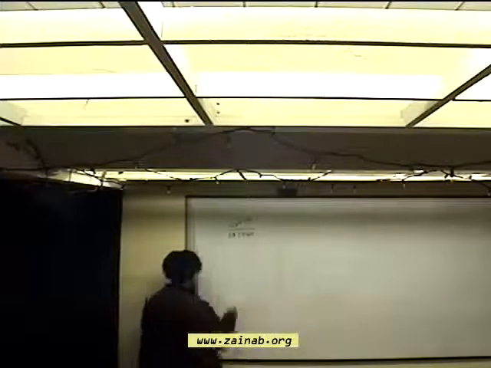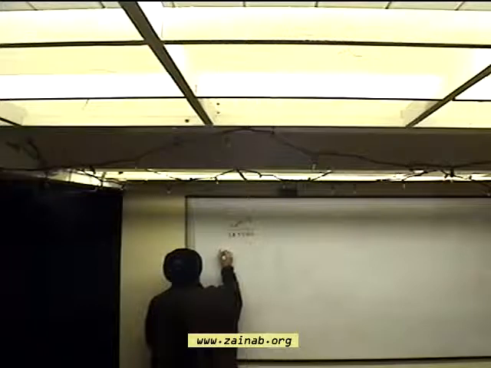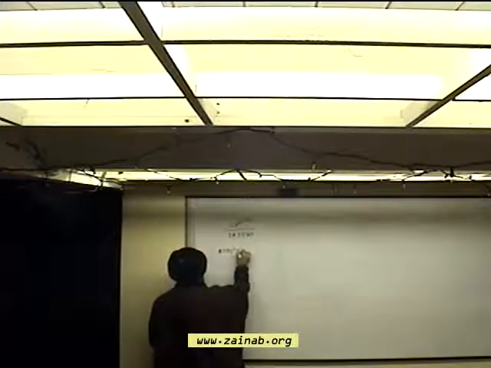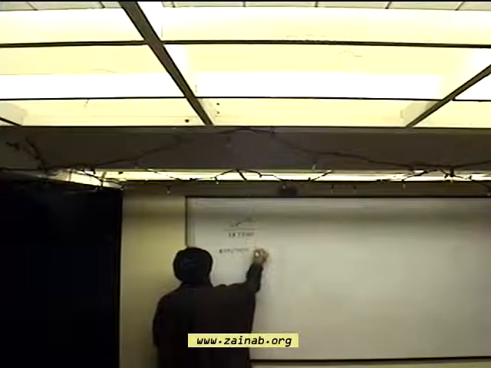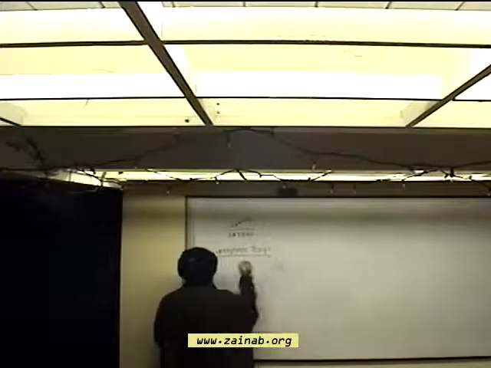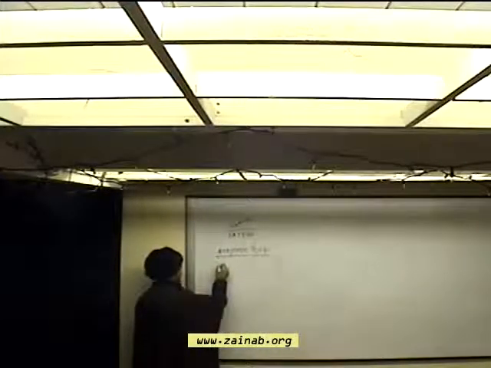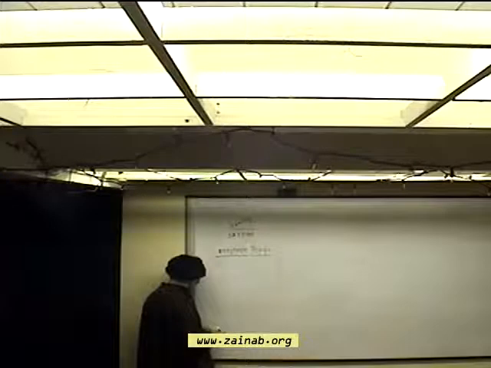The last thing remaining about the subject of sajda, sujood, was what is the list of acceptable things. Acceptable means things upon which the sajda is okay. What are the acceptable things upon which we are allowed to do the sajda?